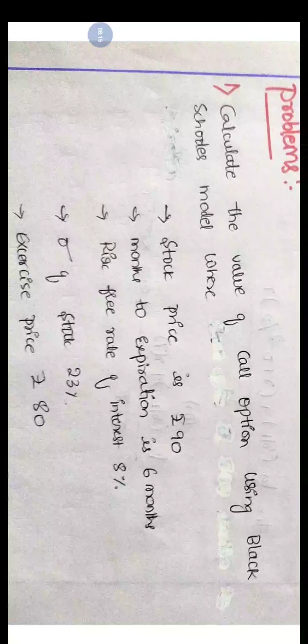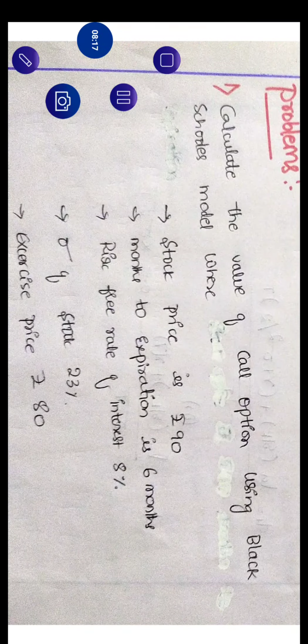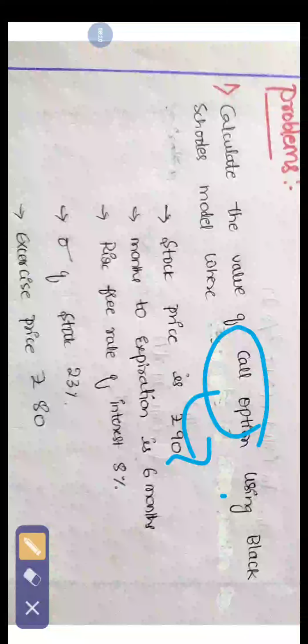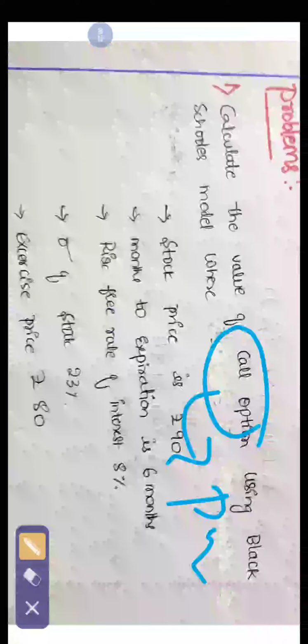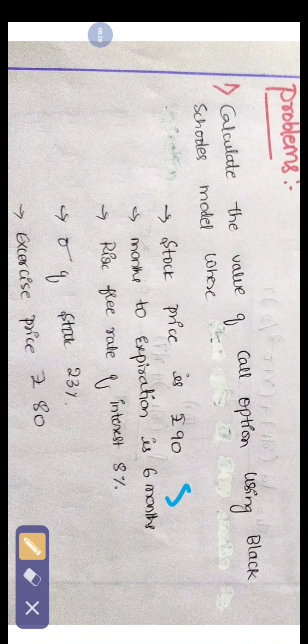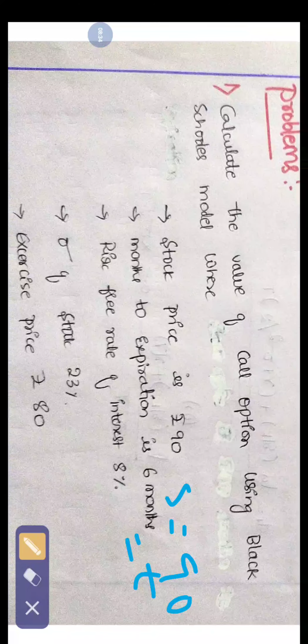So let's take one problem. Problem number 1: we have to calculate the call option, the purchasing option, using the Black-Scholes model. Stock price S is given as 90. Months to expiry, this is T, is 6 months, 6 months means 6 by 12.